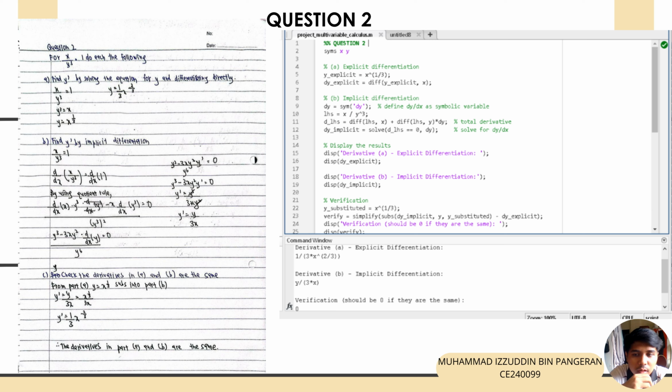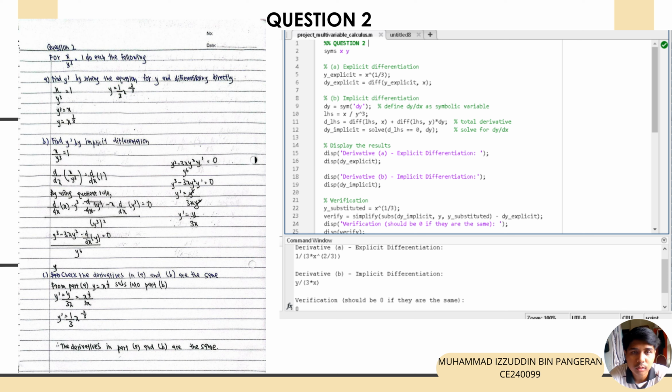Then I solve the equation to get the derivative of y with respect to x. I substitute the explicit form of y into the implicit result, and both methods match. In question C, we check that the derivative in part A and B are the same. The result is matched and the same. This confirms the correctness of my steps.